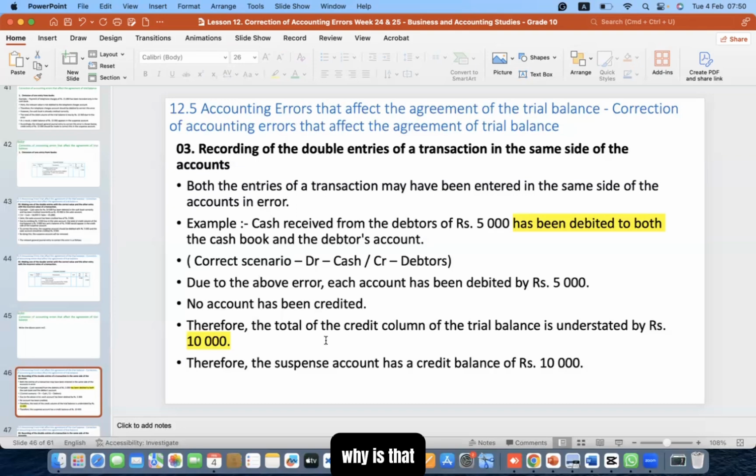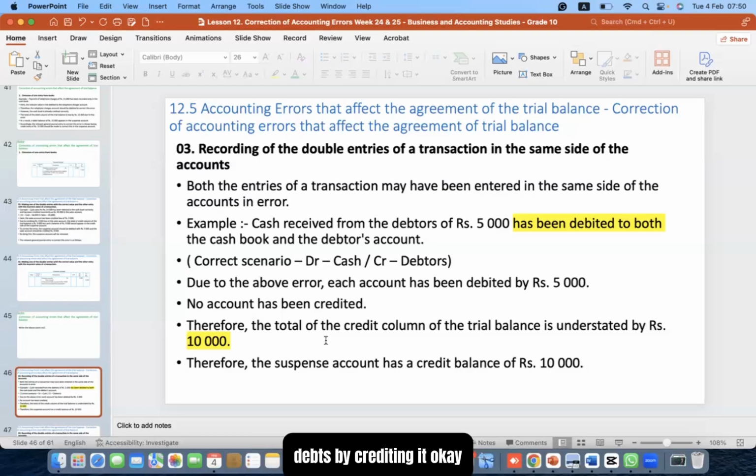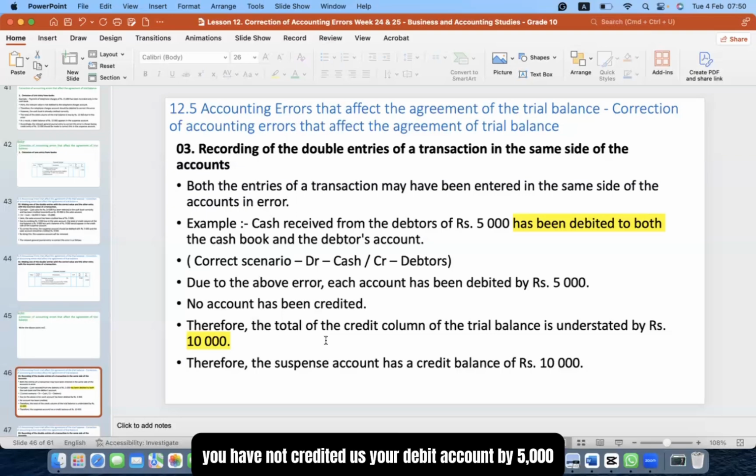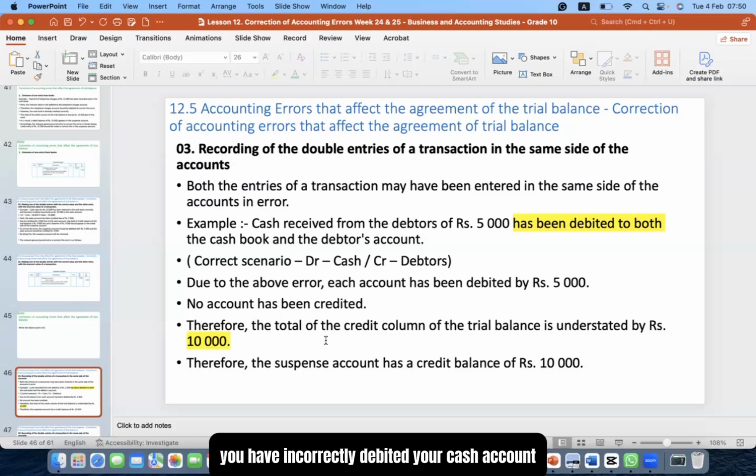Why is that? Because of two reasons. First, you have not credited your debtors account by 5,000. The second reason is you have incorrectly debited your cash account.